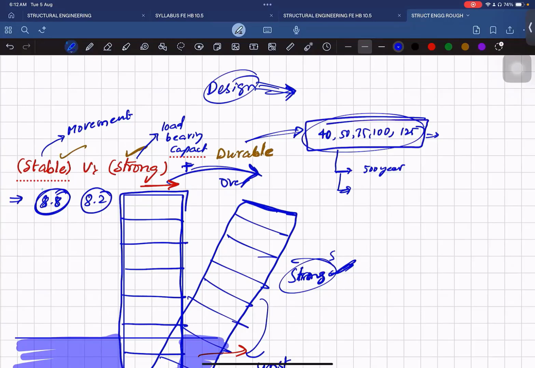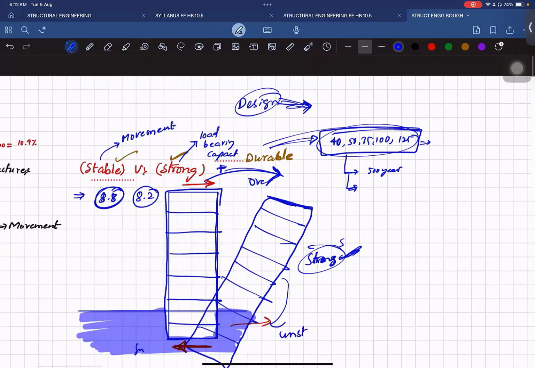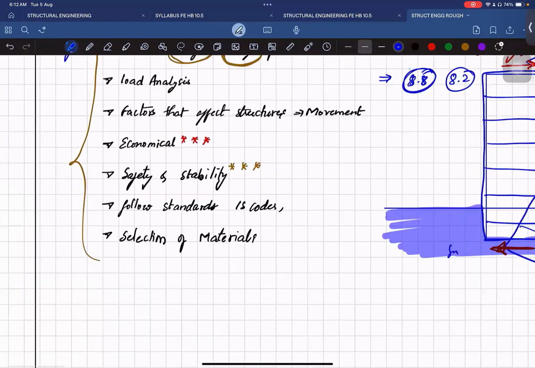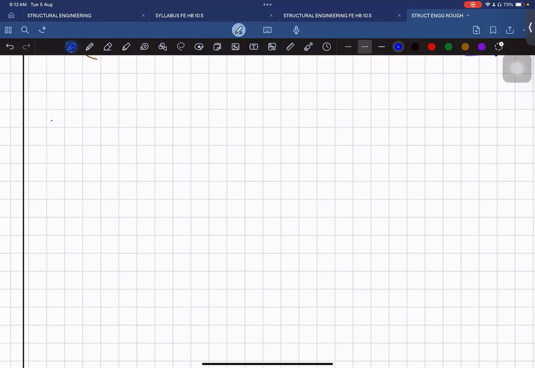Okay. So based on the design life, it will be fixed. So that's all about structural engineering. Now let us go a bit deeper. I will say the subject structural engineering for the FE exam. We know it carries 10 to 15 marks. I agree.